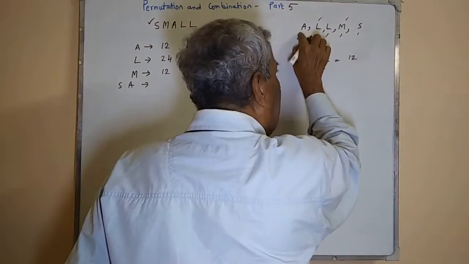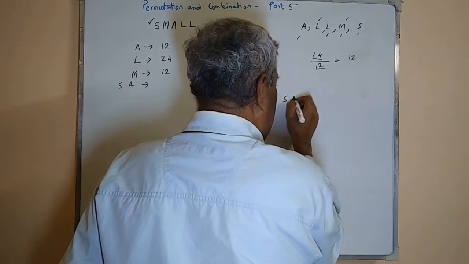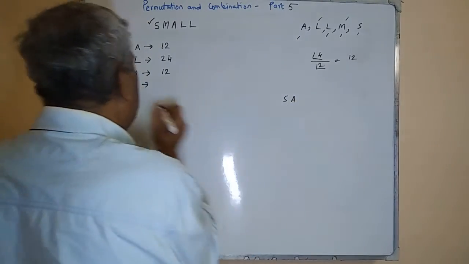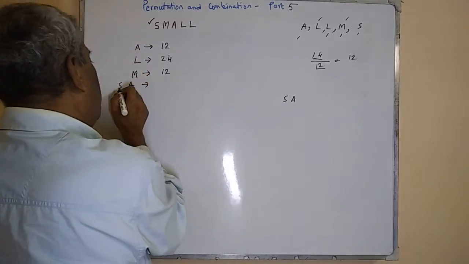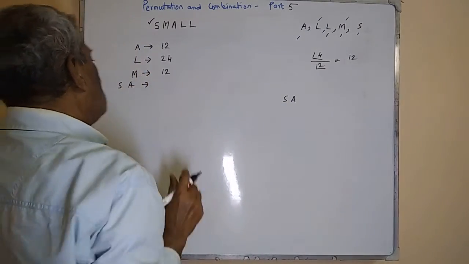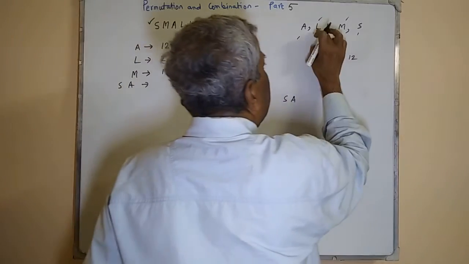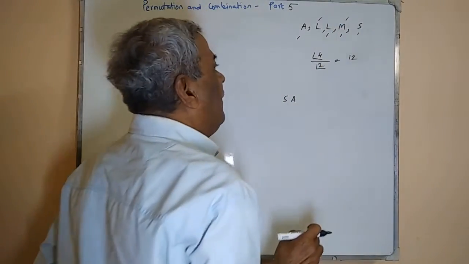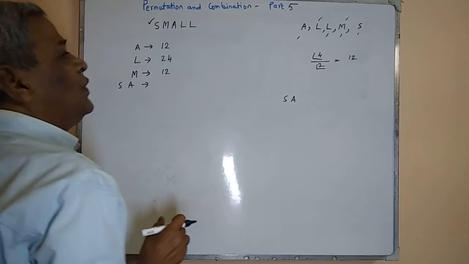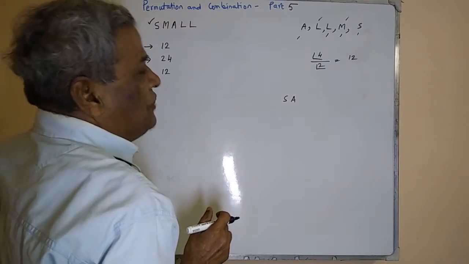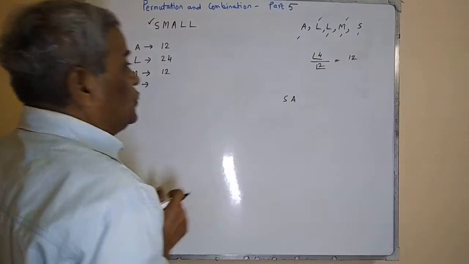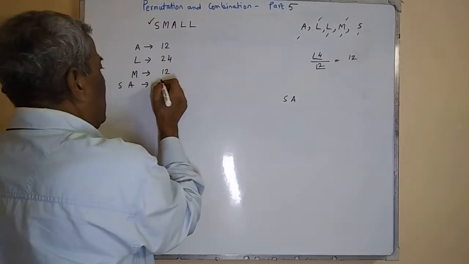S and then after that A. These two can be arranged in one way, one into one. After S, A, three letters are there: L, L and M. These three letters can be arranged in factorial 3 by factorial 2, so it is three different ways.